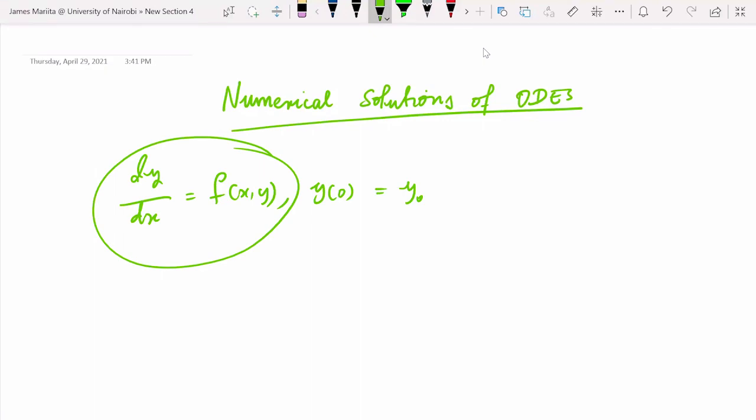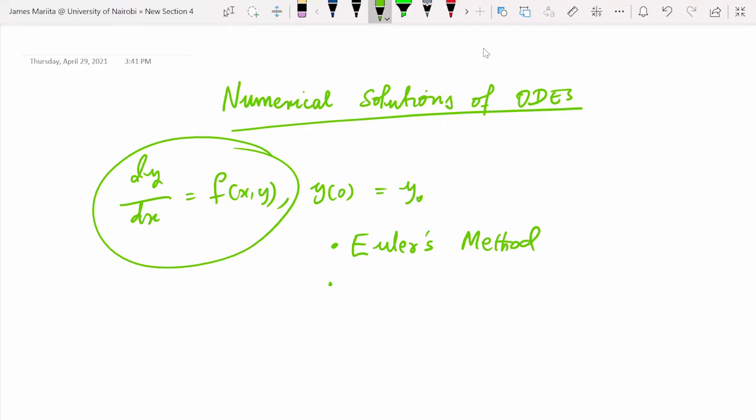So again, we are going to come up with a scheme on how we will work that out. Maybe during your free time, you can look at the following formulae: what we call Euler's method.